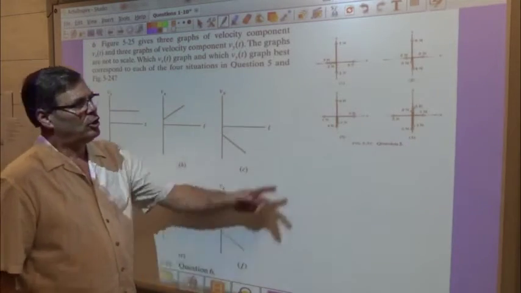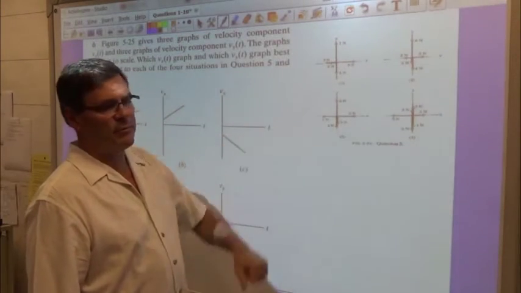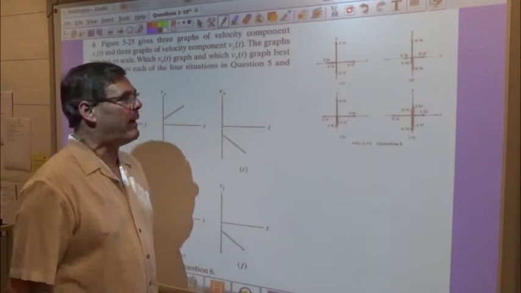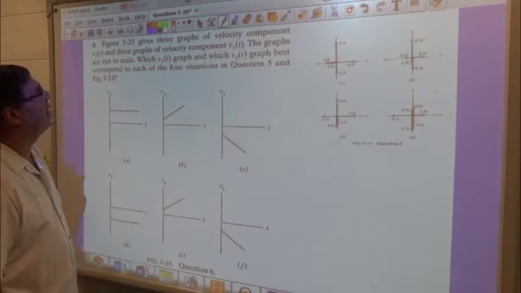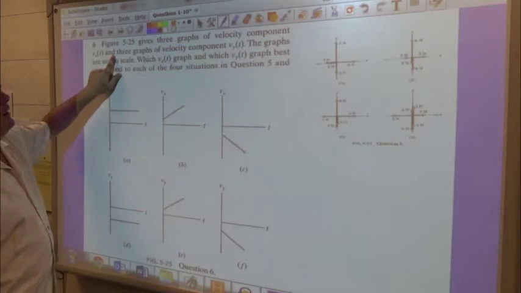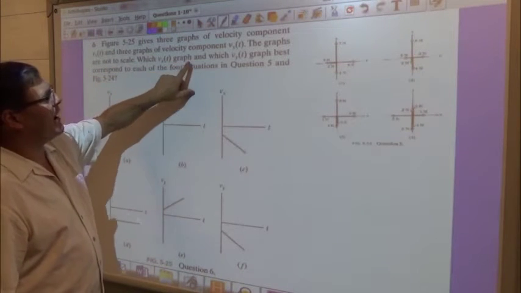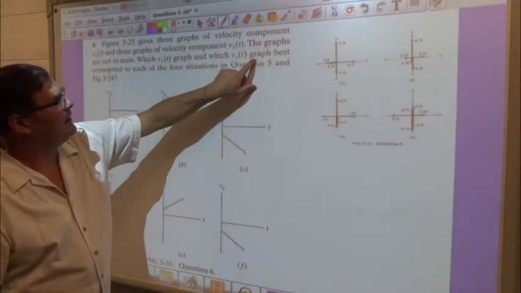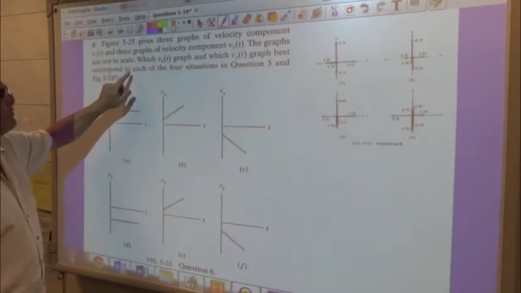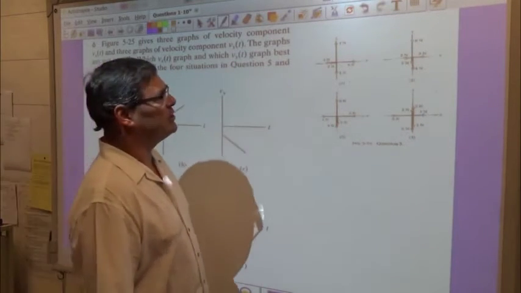Number 6, using the same diagrams from the past problem number 5, find out which velocity graph in the x and which velocity graph in the y best correspond to each of these 4 situations.